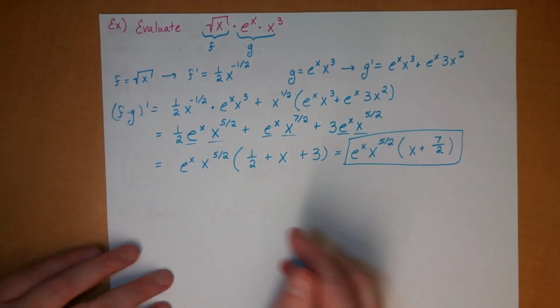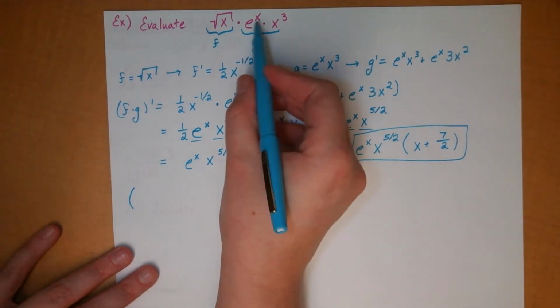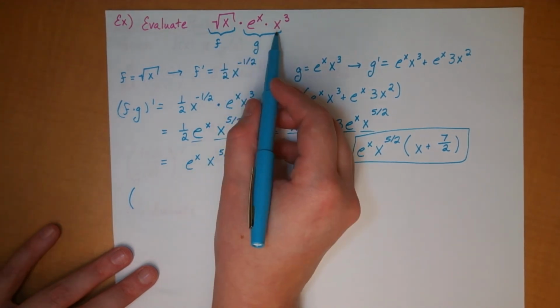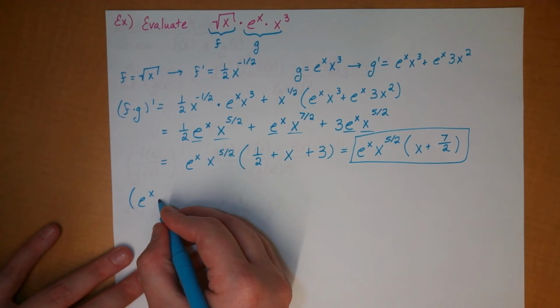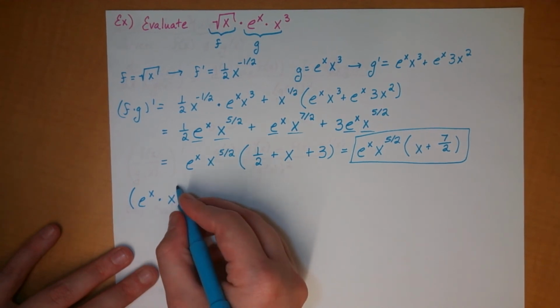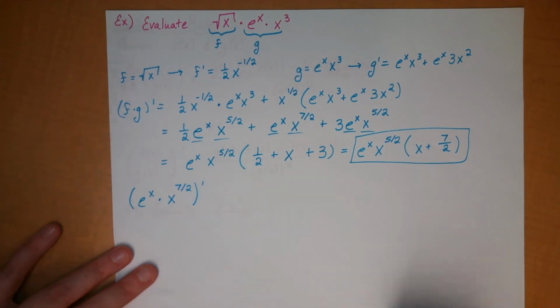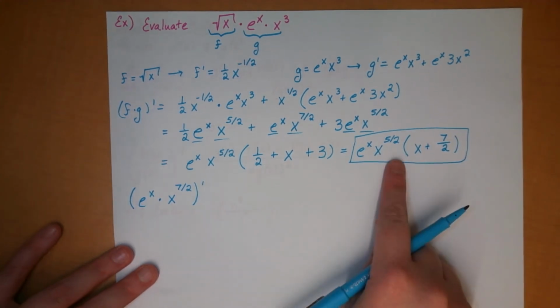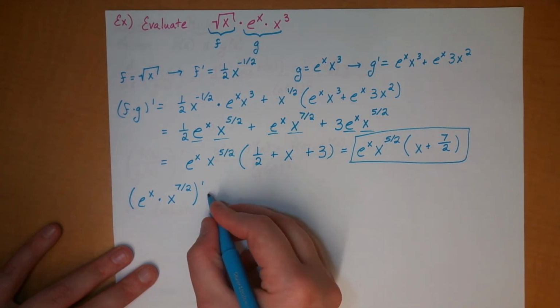Go ahead and try to find the derivative of this if we were actually to put these two terms together. So that would be the derivative of e to the x times x to the 7/2, and make sure that you get the same number. Alright, let's do it together.